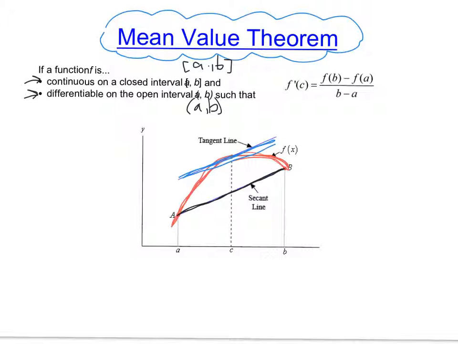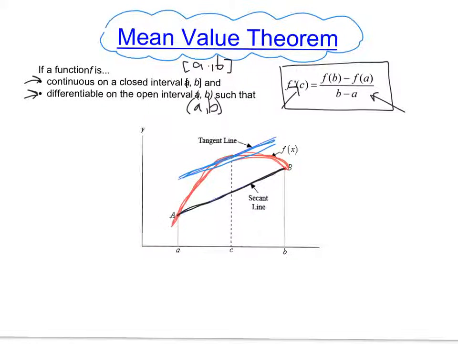Here's the algebraic representation of this theorem. The derivative at some point c is equal to the slope of the secant line from A to B. So the instantaneous rate of change must be equal to the average rate of change.